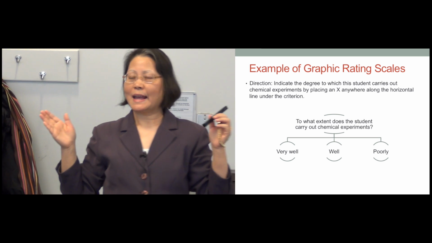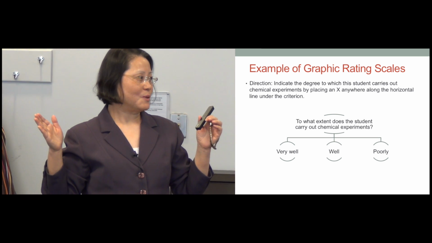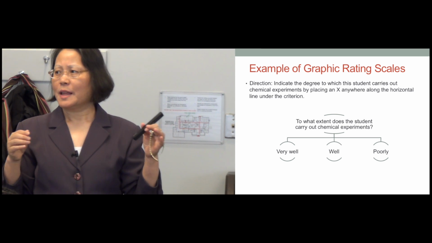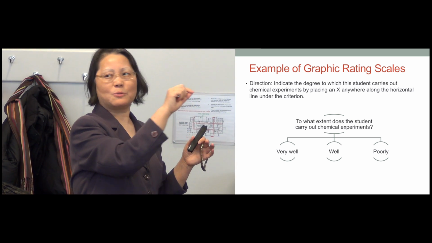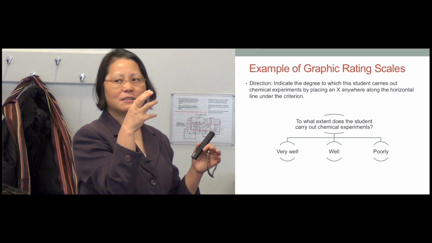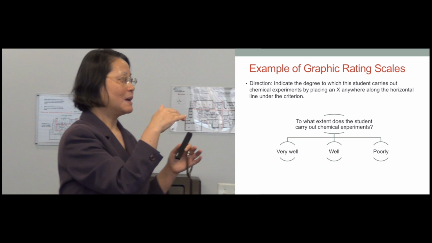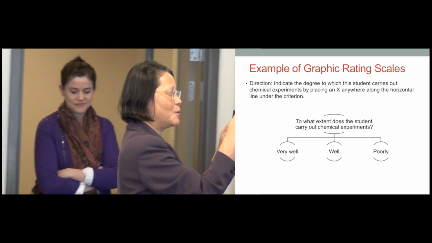On one end is poorly, on the other end is very well, and in the middle is well. Then you do not need to just choose one of them. You can put a check mark or an X along this horizontal line. You can be sometimes in the middle of very well and well.